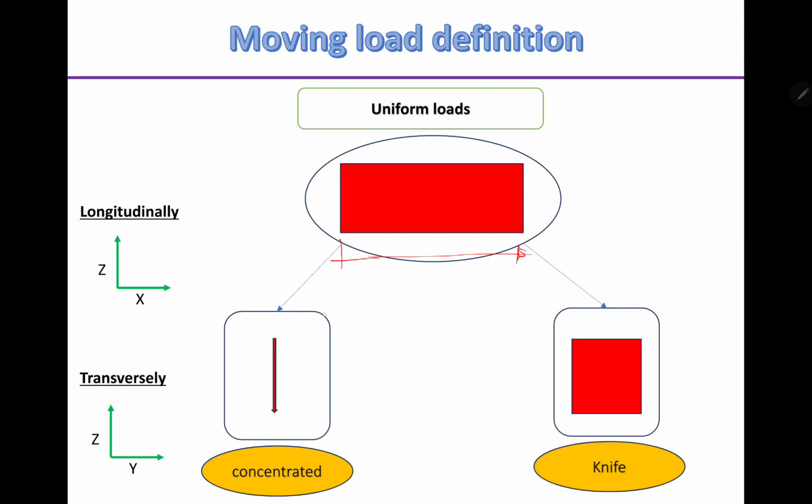For example, in this case we will have something like this, and in this case something like this. It is the most common situation that we have when we have uniform loads. We will illustrate how to define different types of moving loads in the CSI Bridge.